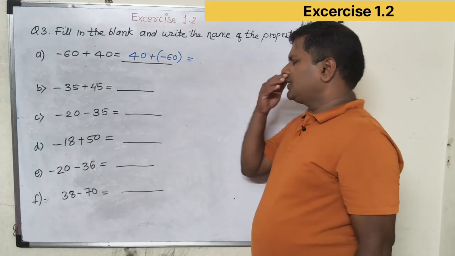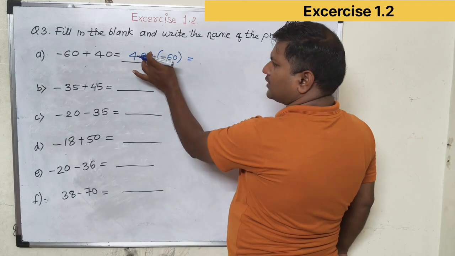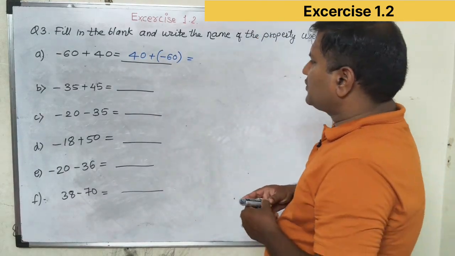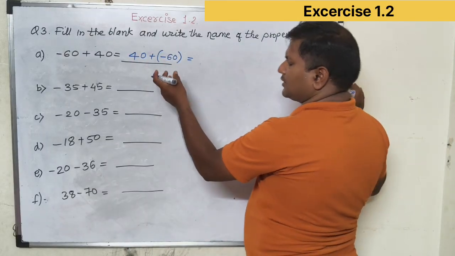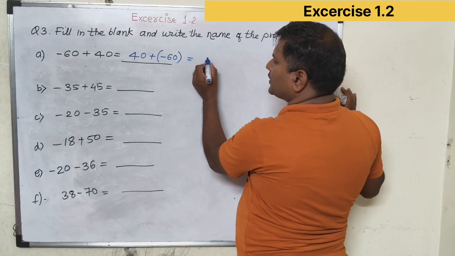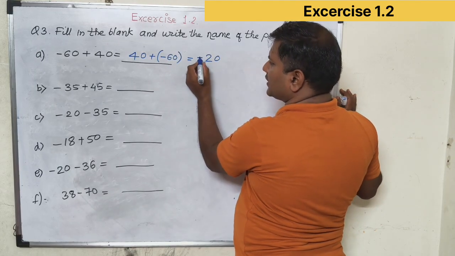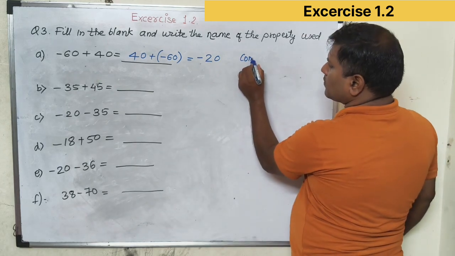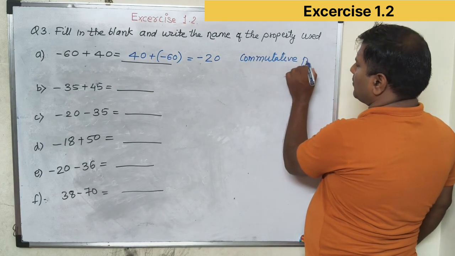It is 40 plus minus 60, addition of two opposite integers, so simply take the difference and give the sign of the larger value. 60 minus 40 is 20 and the sign will be minus, so minus 20. This is the commutative property.